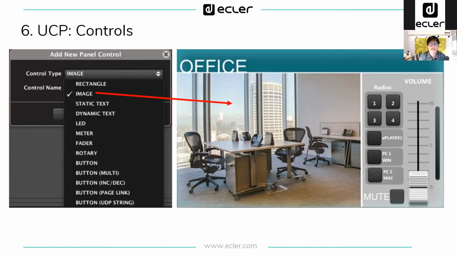WPNet Touch is 1280 by 800 pixels, okay? You can find it in the datasheet. Regarding this, EclerNet Manager, by default, when you open a panel, opens with 800 by 480 resolution, which was the former screen we had.